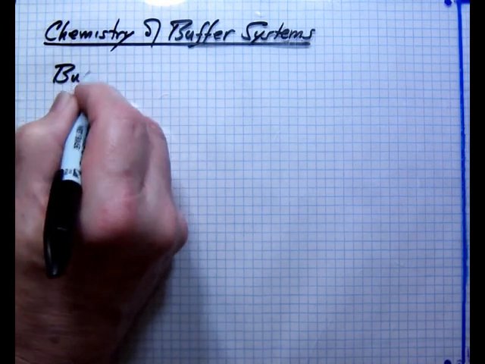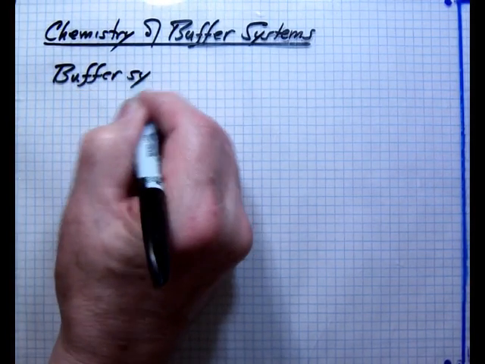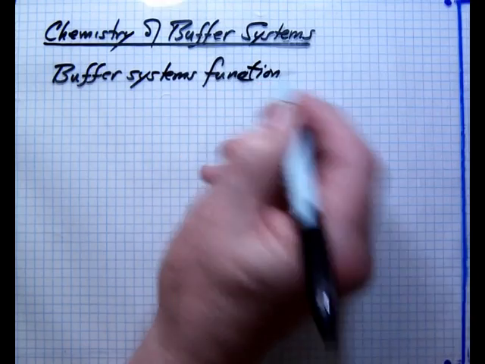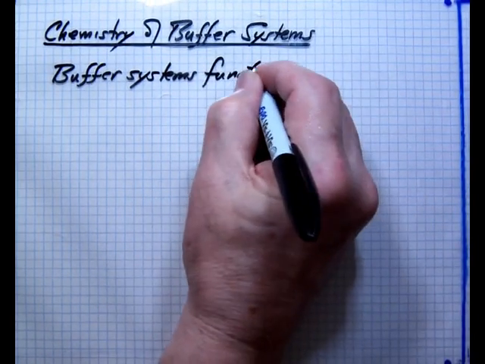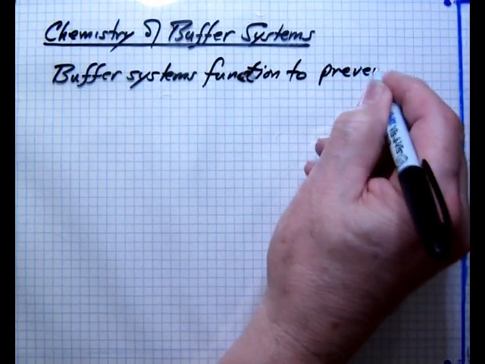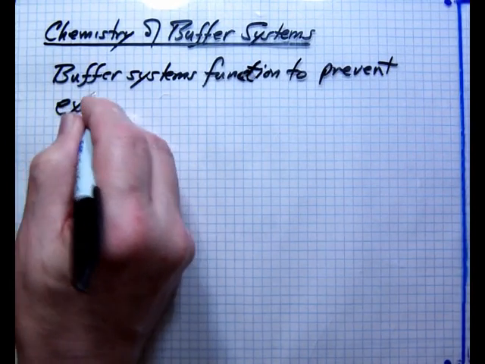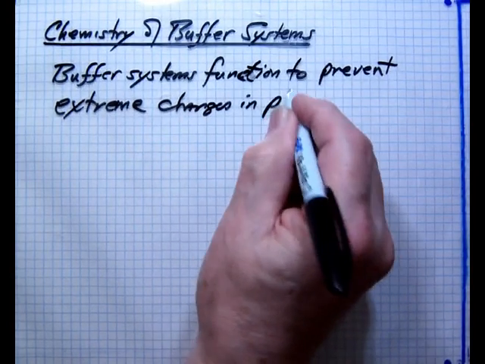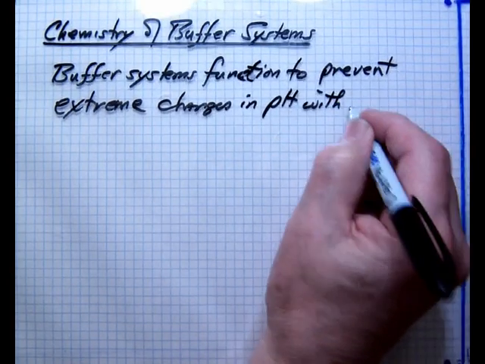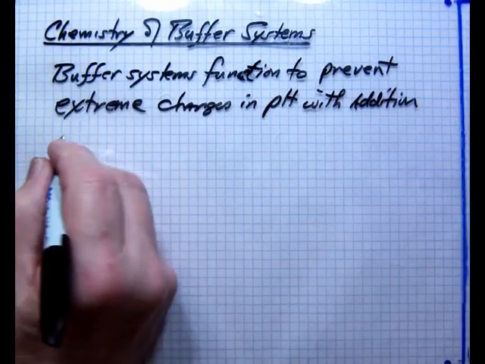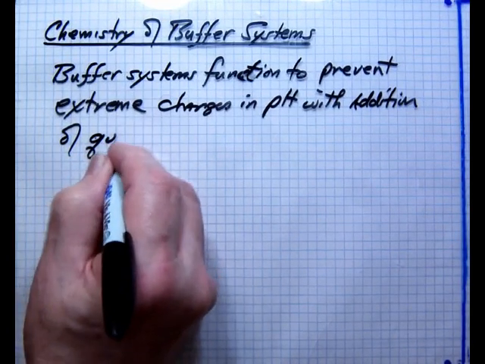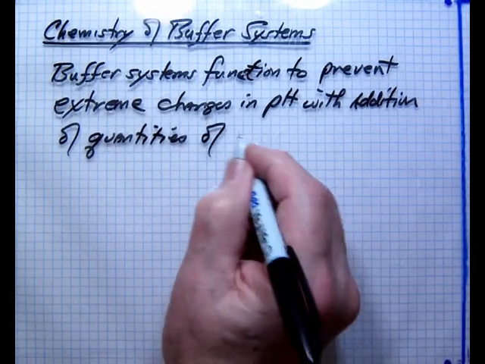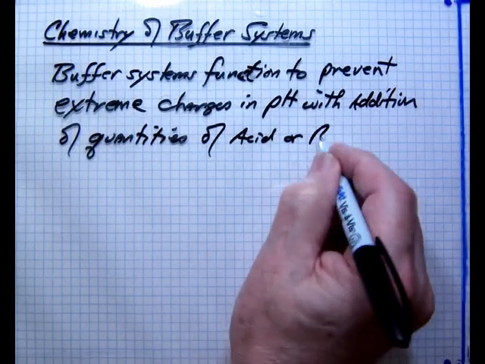Buffer systems function to prevent extreme changes in pH with addition of quantities of acid or base.